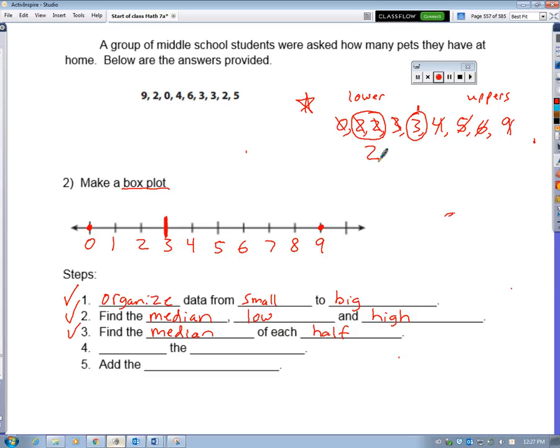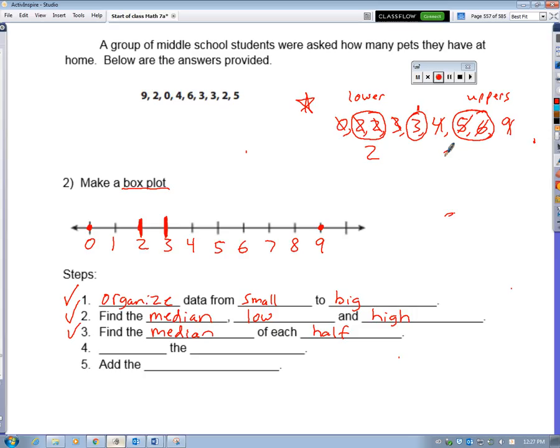So I'm going to put a line now at 2, just like we did with the 3. Okay, the medians have the line like that. Now for my uppers, my 2 numbers that are in the middle for the uppers, I can't just pick one. I can't pick 5 or 6 because they're both in the middle. So I have 2 numbers in the middle, and since they're different, we're just going to find the average of those 2.